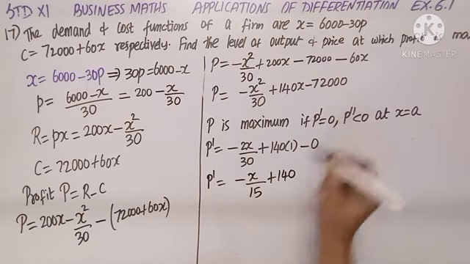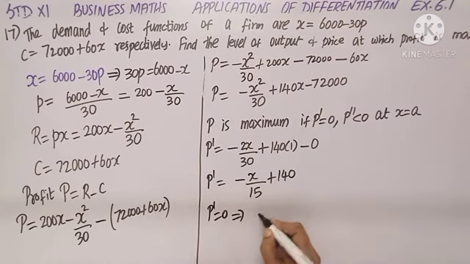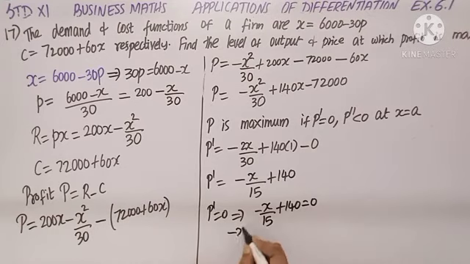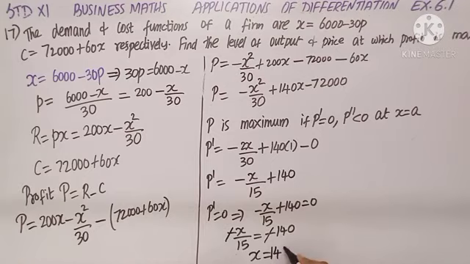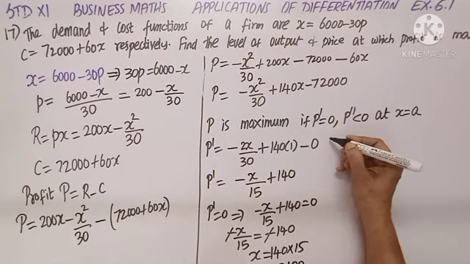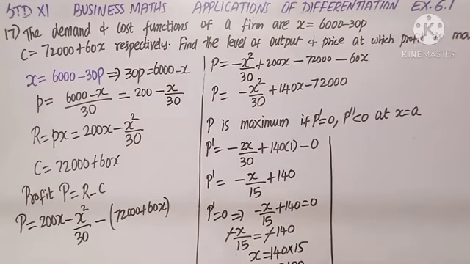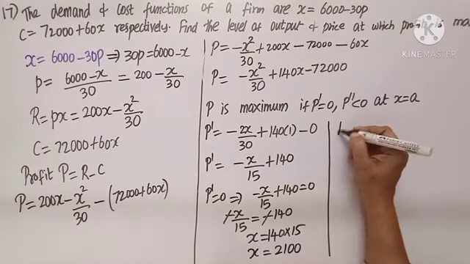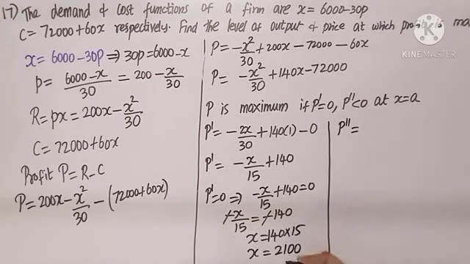Given P dash is 0, implies minus x by 15 plus 140 is 0, or minus x by 15 is minus 140. X is equal to, minus minus cancels, 140 into 15, that is 2100.